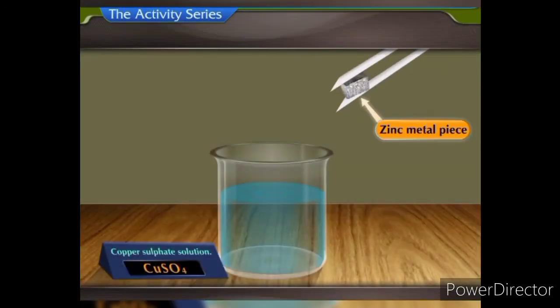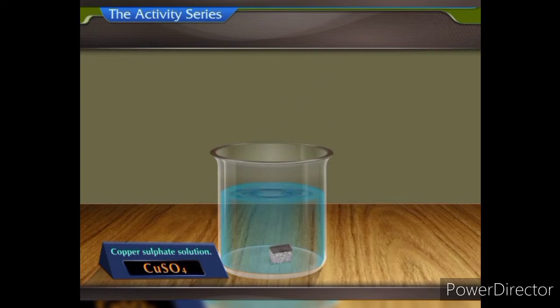When a zinc metal piece is placed into CuSO4 solution, more active zinc metal will displace less active copper from copper sulfate solution. As a result, blue color of copper sulfate disappears. Reddish-brown particles of copper get collected at the bottom of the vessel.